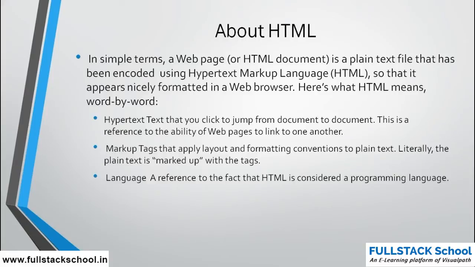As you see on the first sub-bullet, hypertext is text that you click to jump from document to document. This is a reference to the ability of web pages to link to one another. It means when you click on a text, it jumps from one document to another document which has been linked to each other.